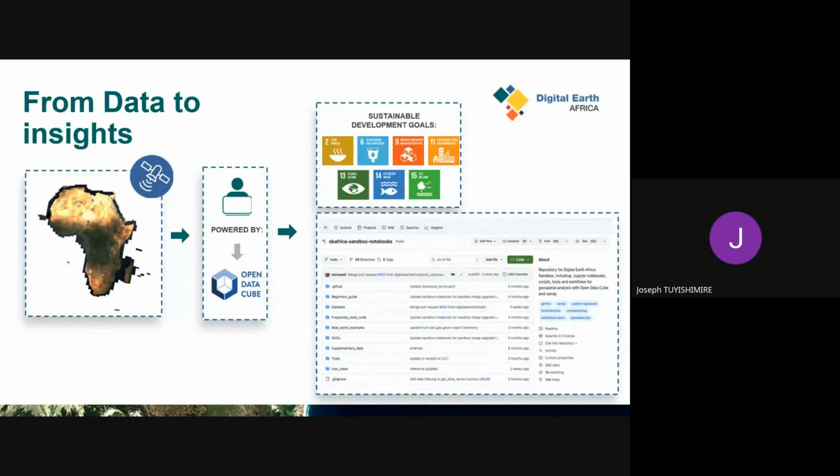So all the notebooks, a lot of tools were developed. They are freely available either via our sandbox, or you can access them via the GitHub repository of the Africa, and you can either customize them or specify a time scale and spatial extent and run your analysis immediately.